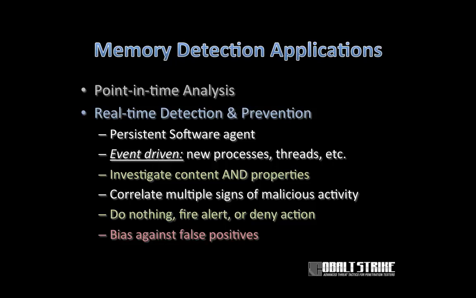And I think event-driven, when a new process is created, a new thread is created, or other observable things, the product looks at the content and properties of that process, of its threads, of its memory, or the memory associated with that new thread, and looks at the heuristics I just described and tries to correlate multiple signs of malicious activity to say, hey, has the action I just observed put that process or thread over some threshold of malicious?